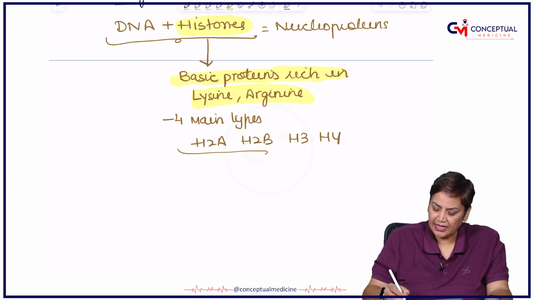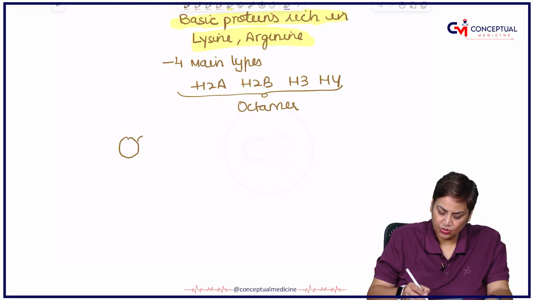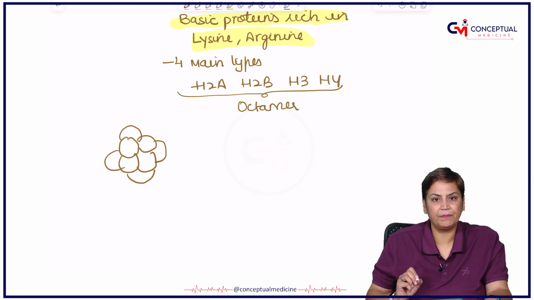So they are arranged as an octamer. Means H2A, H2B, H3, H4. 4, 5, 6, 7, 8.